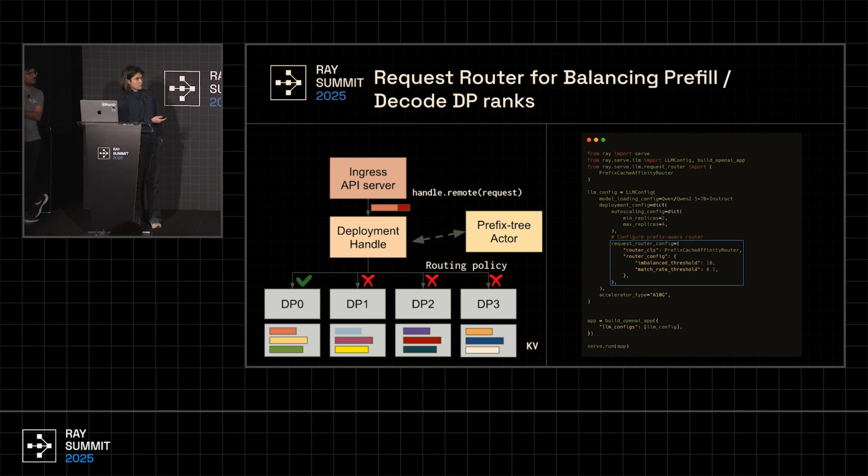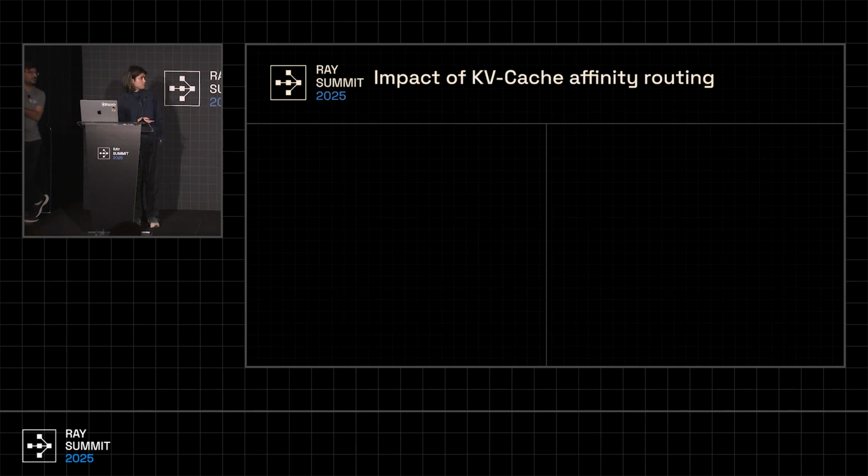And you can do this with just adding a request router that's built in to your LLM config. This is a collaboration with Ray Serve, actually, and while we do have this built-in prefix cache affinity router, you can make your own and plug it in without making a PR if you want as well.